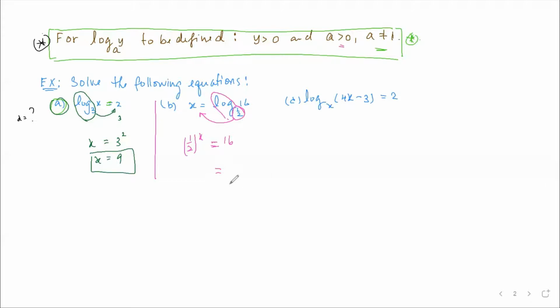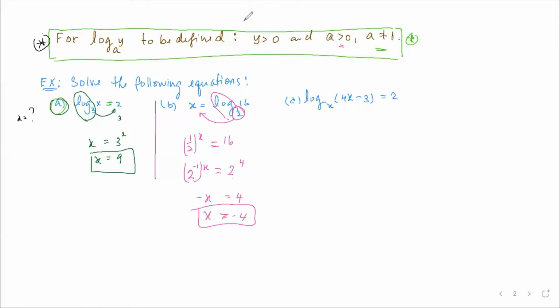How to do? 16 means 2 to the power 4. And on this side you move it up, using a property of exponent, move 2 up, become -1, the whole thing to the power x. So we have the same base 2, then we have -1 times x, or negative x, equals 4. Then x equals -4. So that's the answer.